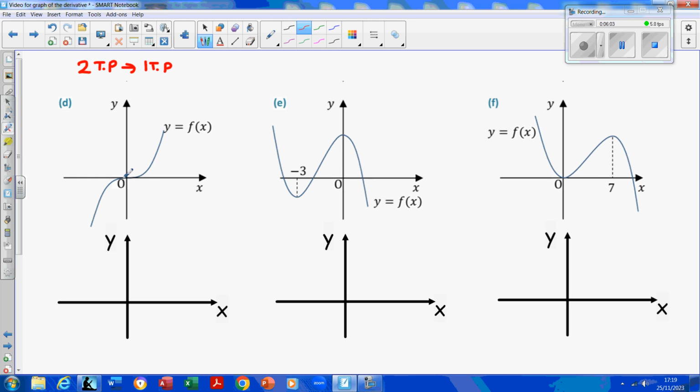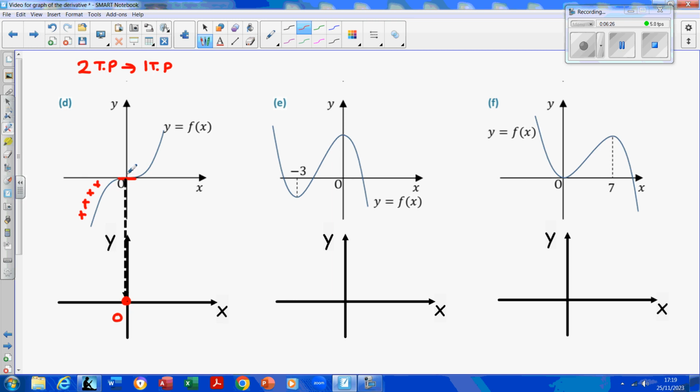So we'll look there, the gradient of the tangent is 0. So I'm going to drop the line, follow the same rules, drop that line right the way down and put that in there. So that is 0 in there. Now what's happening here? Before that, the gradient of the tangent to the curve is positive, it's uphill.